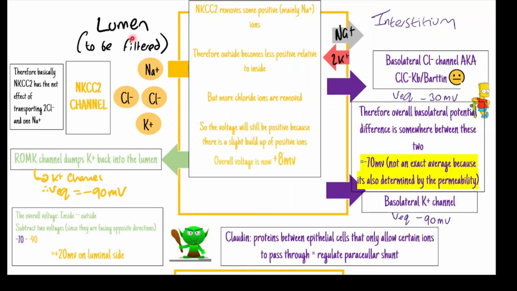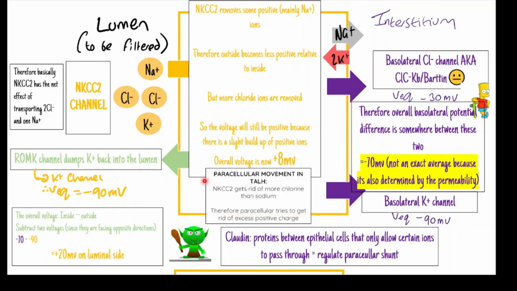What is that number here? That overall voltage is 8. Why? Because we've removed some sodium, and so we've removed some of the positive charge, so therefore it's close to 0, but it's not as low because more chloride ions are removed. So there's still a buildup of positive charge on the luminal membrane.